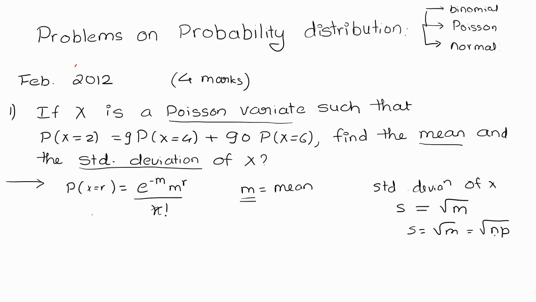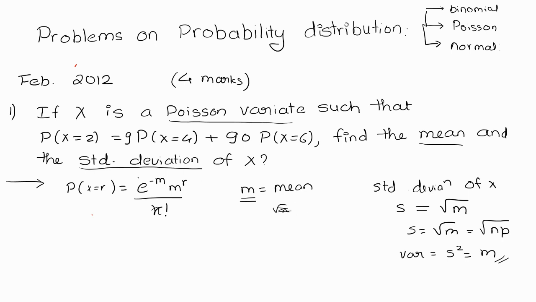That means variance will be what? In the Poisson distribution, the variance will be s square, that is m. So basically we need to find the value of mean, that is m, and once this m value has been found, root m we can find quite easily.